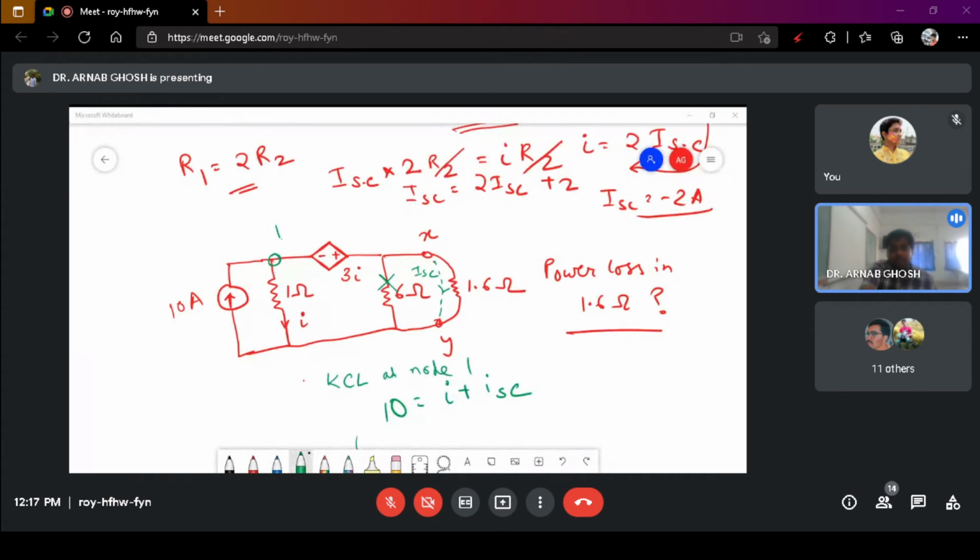Next, what you have to calculate? You have to calculate the internal resistance. Now, what will be the internal resistance? Can you calculate the internal resistance?